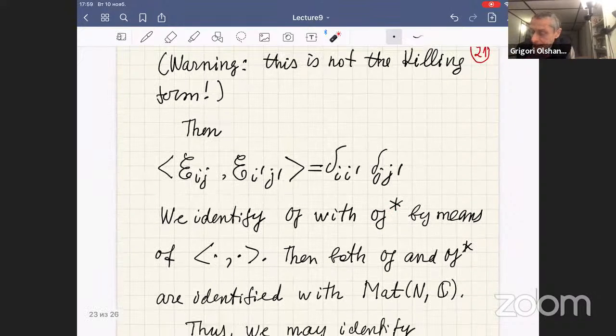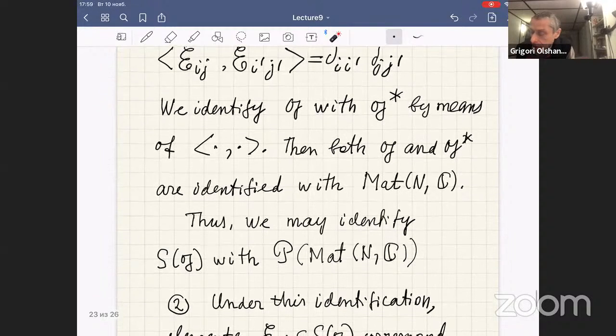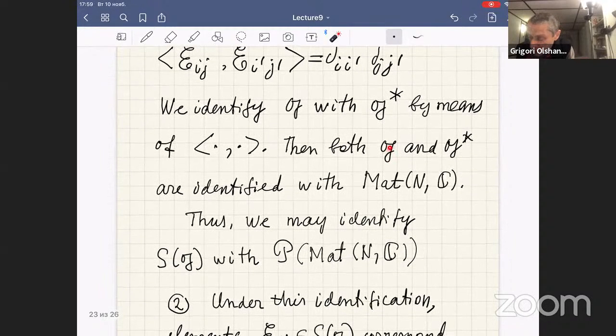So we can identify the Lie algebra and the dual space with the linear space of matrices. And then we can identify the symmetric algebra with the polynomials on this space.